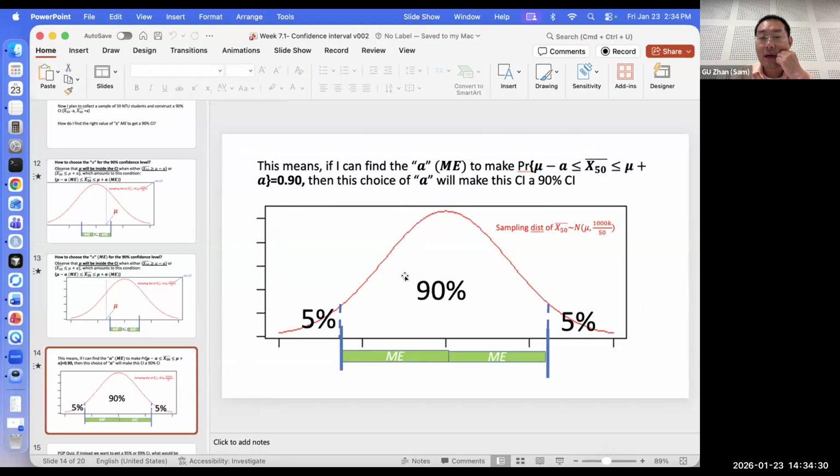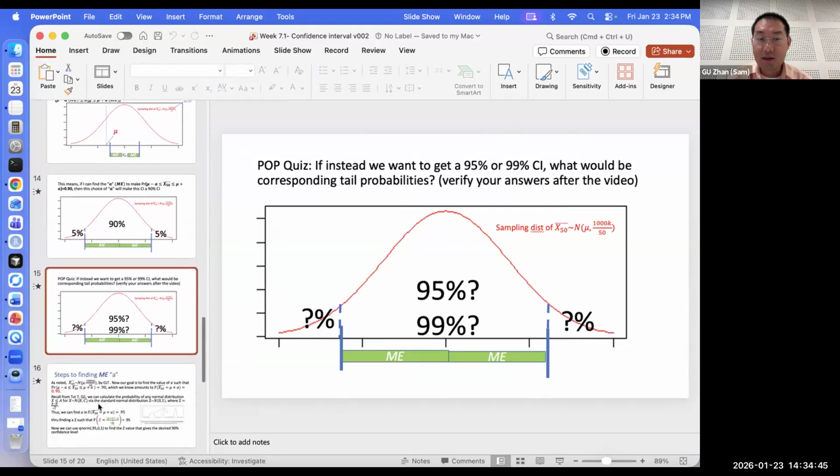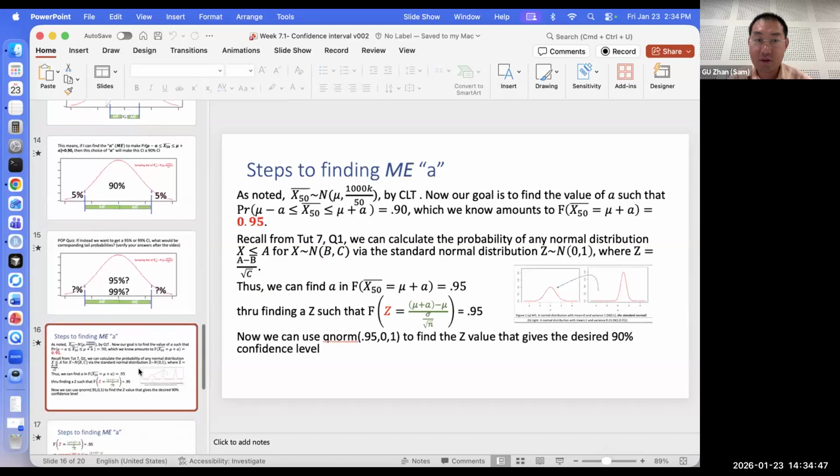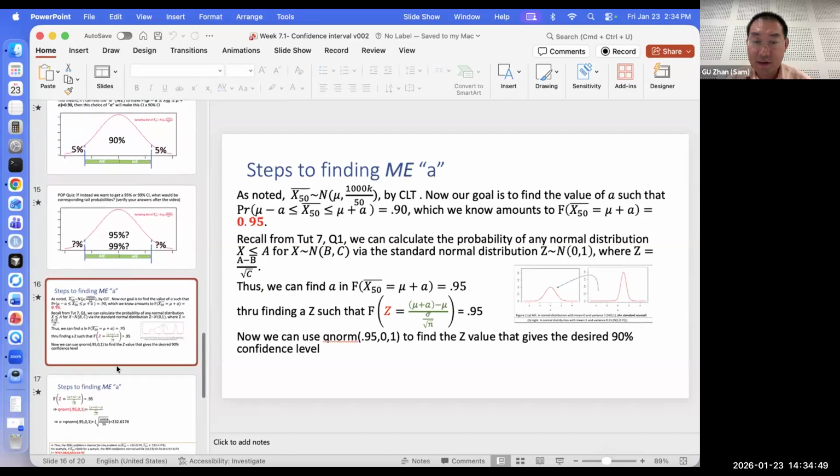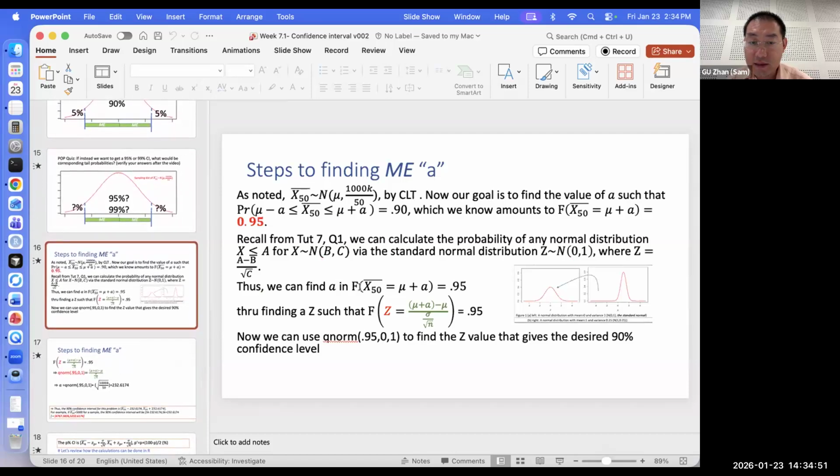Once we have constructed this normal distribution, we want 5% on the left tail and 5% on the right tail, and we can find the range. That's the rationale. There are some techniques here.